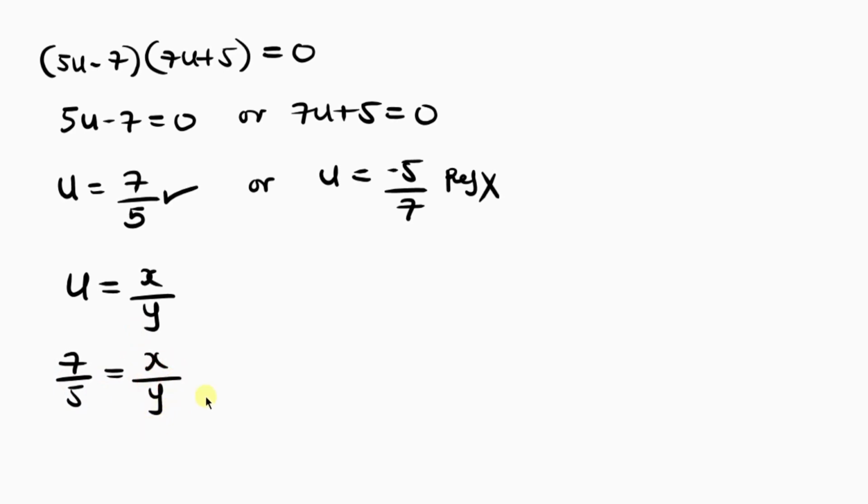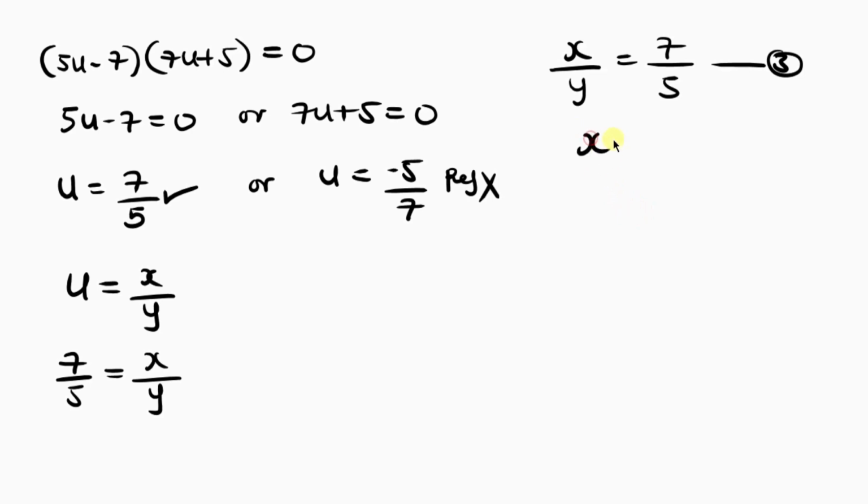Very good. Well, this expression can also be written as x over y equal to 7 over 5. They're still the same thing. I just switched the positions. Now, I can decide to call this equation 3. Remember, I already have equation 1 and 2. Now, I'm going to be doing something with this. Remember equation 2.